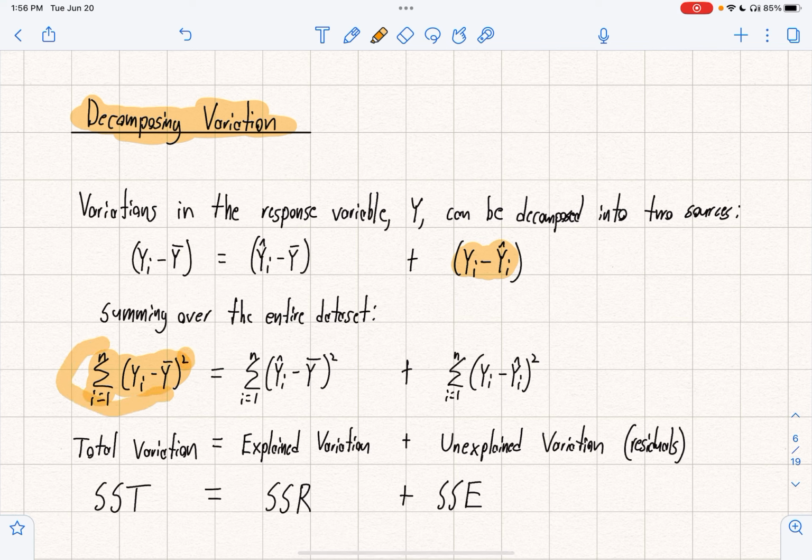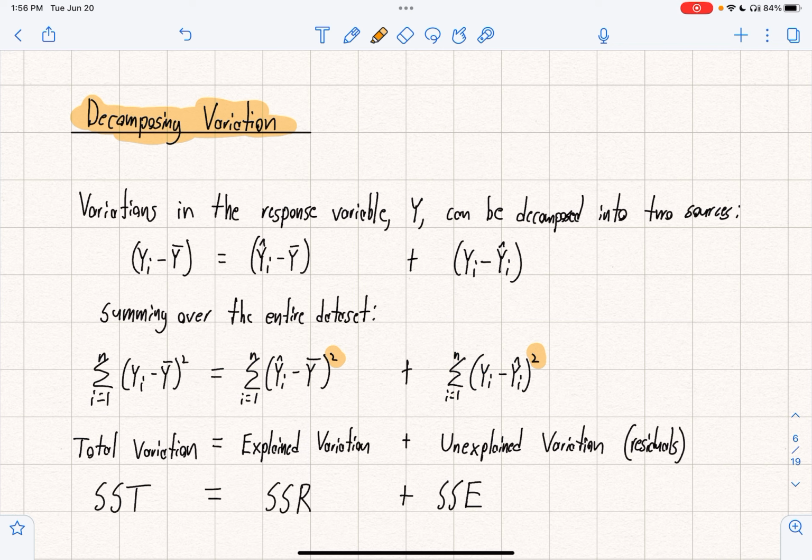This is just the formula for variance, so hopefully that looks fairly familiar. And then we're doing the same thing for the others. First, we square that difference from above, and then we sum up over the whole data set. And that is our total variation in the data.